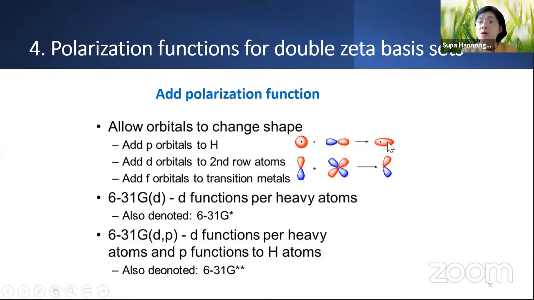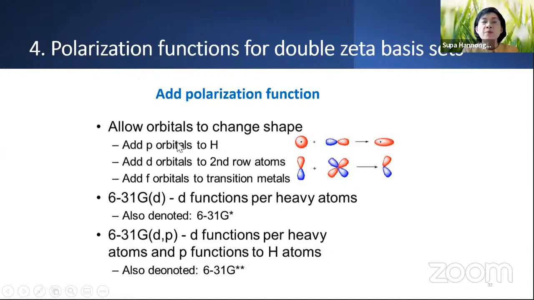This is the shape of the orbital that the electron can stay in. The same applies if you have the p orbital and d orbital like this. So the electron can polarize to one direction and then stay here in the orbital.